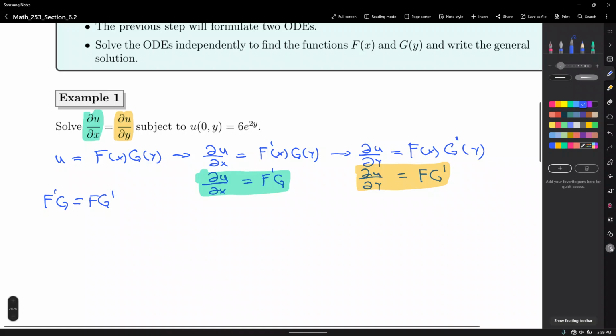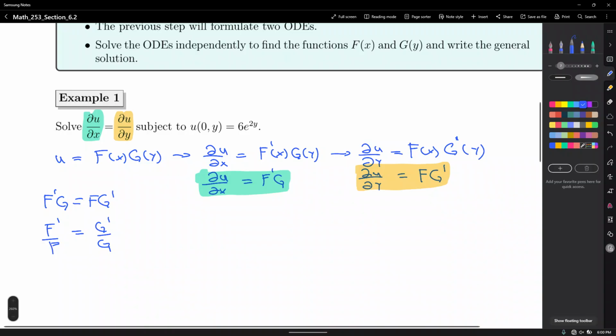All right. So I'm going to separate the variables here. All F's on the left hand side, all G's on the right hand side. So I'm going to divide both sides by F to get F prime over F, and I'm going to divide both sides by G to get G prime over G. And no, guys, we're not going to integrate both sides of this, even though that could give us ln of f and ln of g.